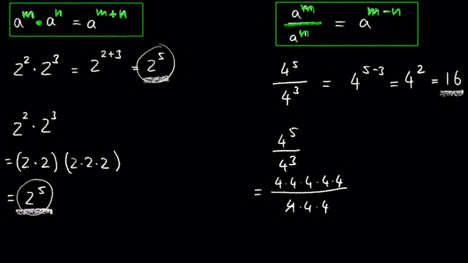After cancelling 3 of the 4s, we get 4 times 4 over 1, which is 16 over 1, which is 16. Again, before you use these last two multiplication and division laws for exponents, make sure that the bases are the same.